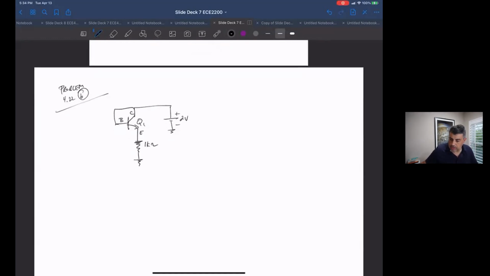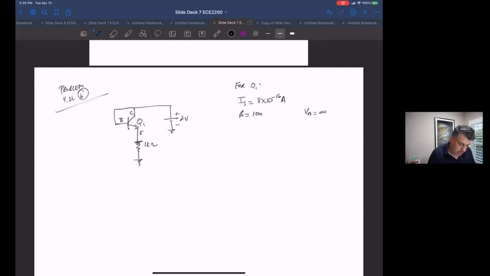They give us some transistor parameters. For Q1, they give us an I sub S of 8 times 10 to the minus 16 amps, a beta of 100, and VA equal to infinity.